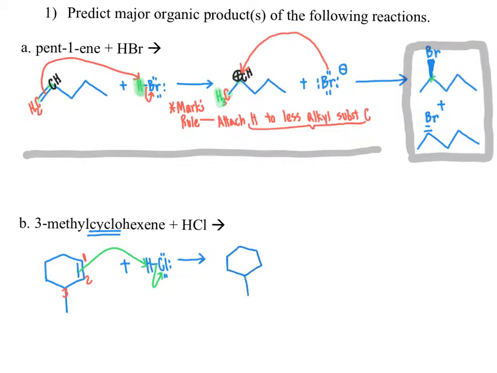And then we'll go ahead from there. And in this case, positions 1 and 2 are equally favored to pick up the proton, because each of those positions, position 1 and position 2, are equally substituted with alkyl groups.